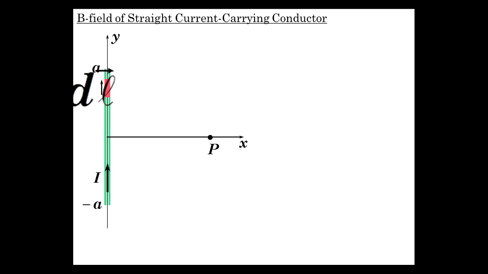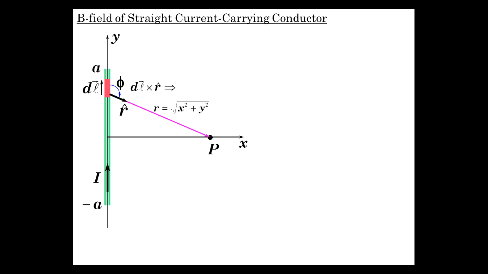So we have a current element here, a differential length, and we're going to figure out what the B field is, really the B field produced by this line of current at location P. So here's our dl, and we have r squared equal to x squared plus y squared, with spatial direction unit vector r. dl cross r, what direction is that?